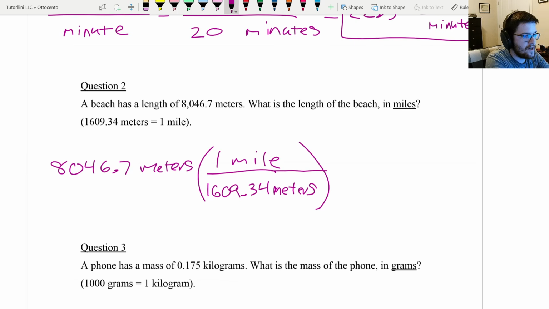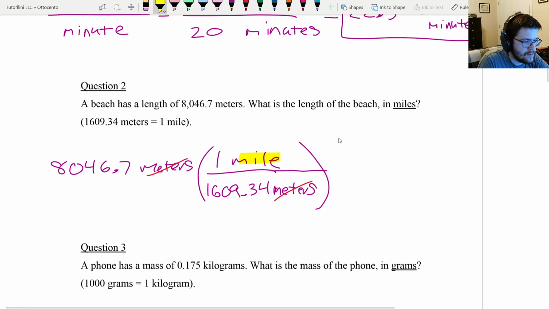Now I just check, are they on opposite sides of the division sign? Meters, they are. It's the same unit on the opposite side, so I can cross it out, and I am left with miles, which is what we want, so that is good.